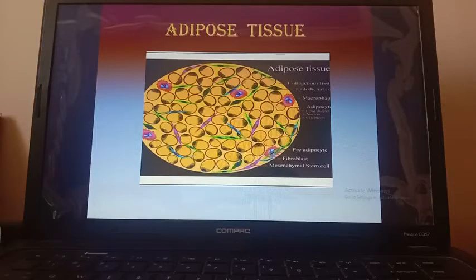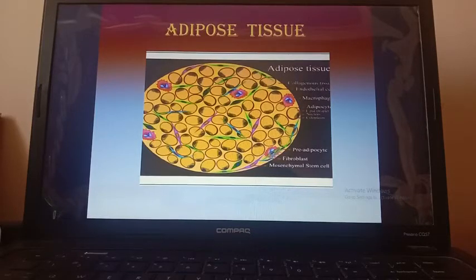So what are the functions of this adipose tissue? It is a storage tissue because it stores fat, and this fat can be stored for future use. When the body is in a starvation condition, the body can use that stored fat.